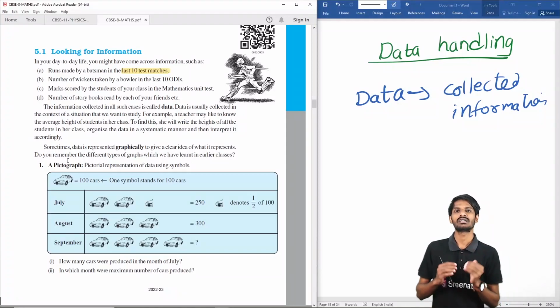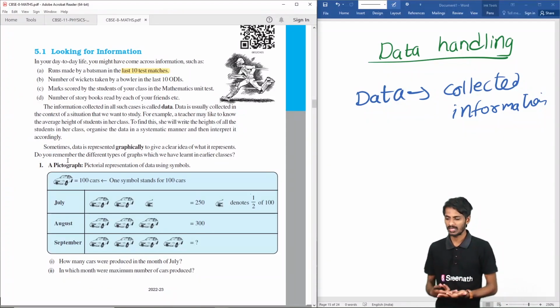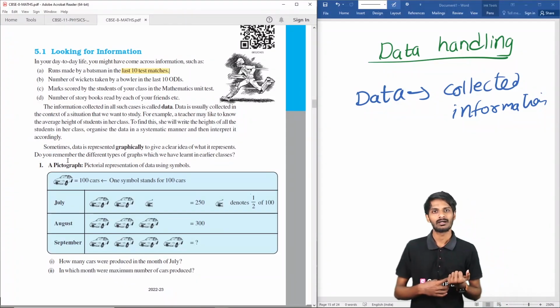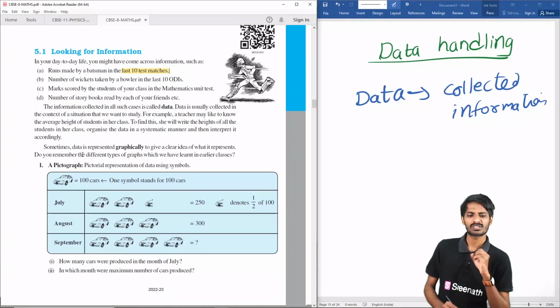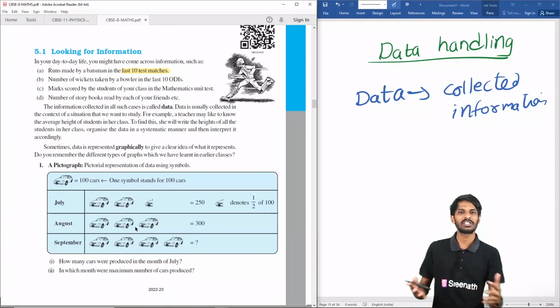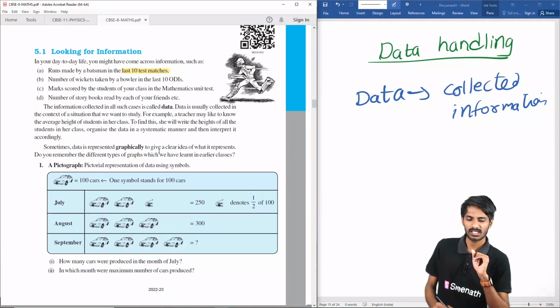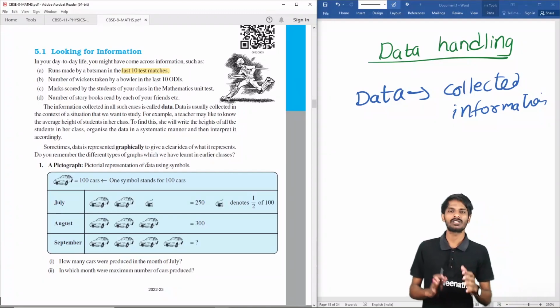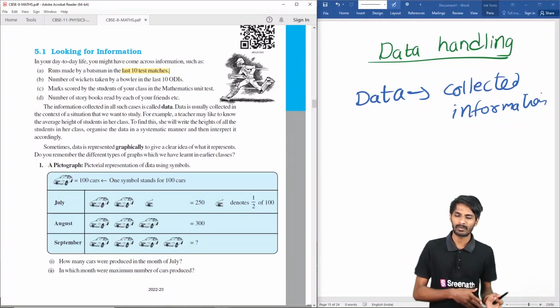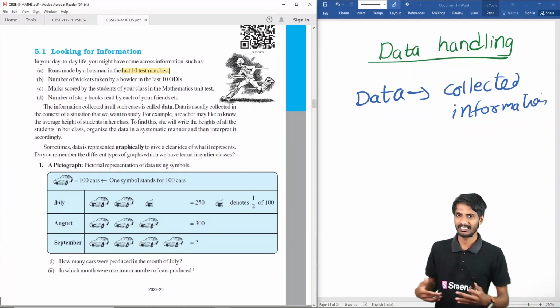For that, she will make a note of the heights of all the students in the class. Sometimes the data may be represented in a tabular form, or graphically. If it is in a table form, it is somewhat clear and good, and if it is graphical, it is more convenient, students.